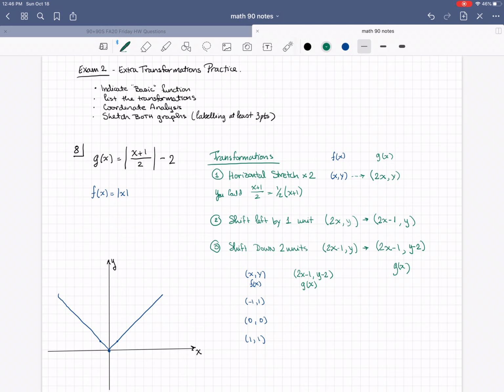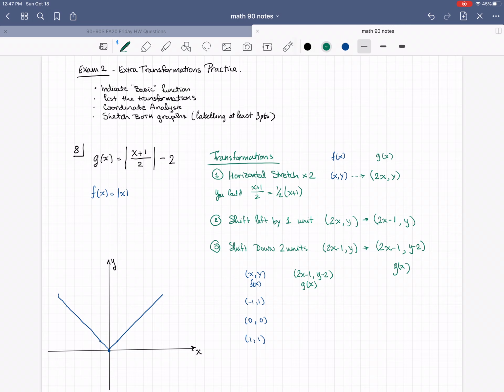All right, so as always, we are plugging these guys in for x and for y. That is the beauty of coordinate analysis. It takes those points on the original graph and it transforms them into their destinations on the transformed graph. So your graph is essentially reserved for your final draft. You don't have to do any kind of shifting and stretching or any of that on the graph itself.